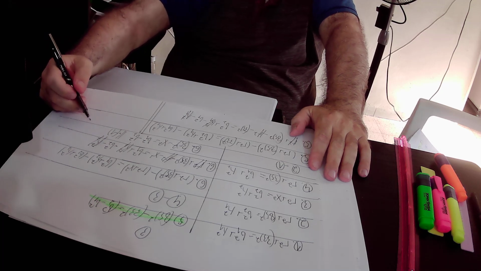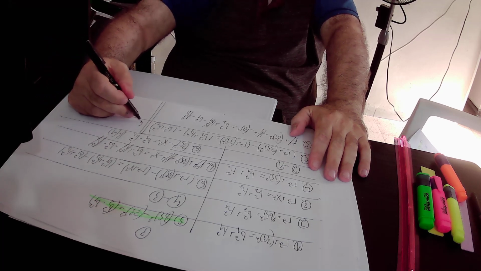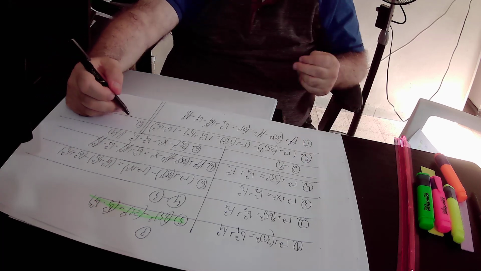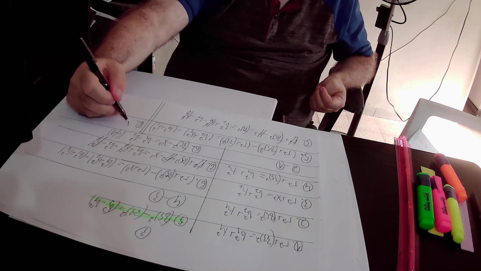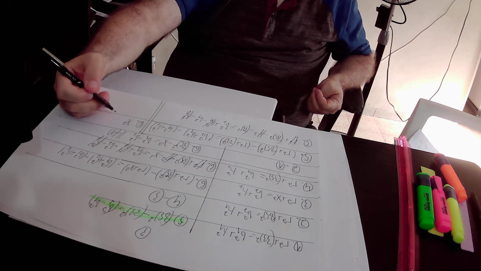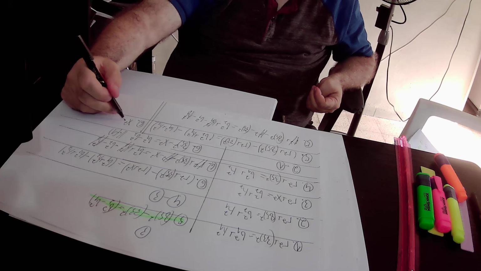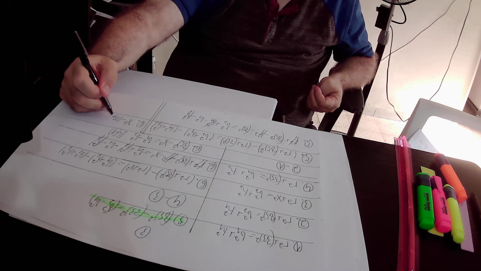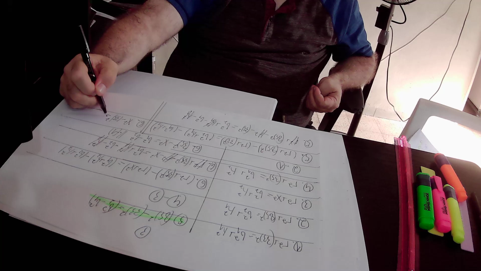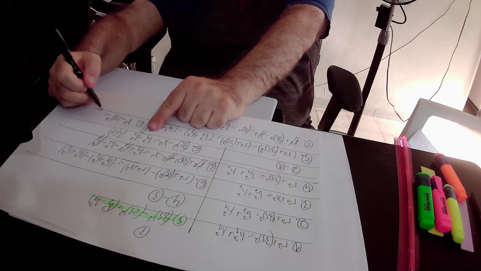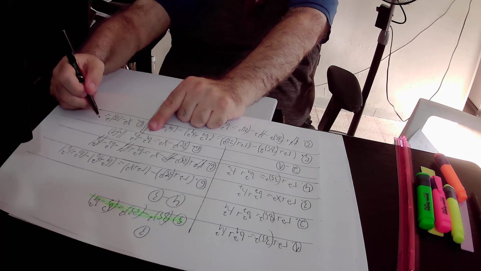In the next step, we will multiply this equation number 6 by minus 1. And we get that according to equation number 6, minus x squared times minus 1 is plus x squared. 35 squared times minus 1 is minus 35 squared. And it is equal to minus b2 squared times minus 1 is plus b2 squared.